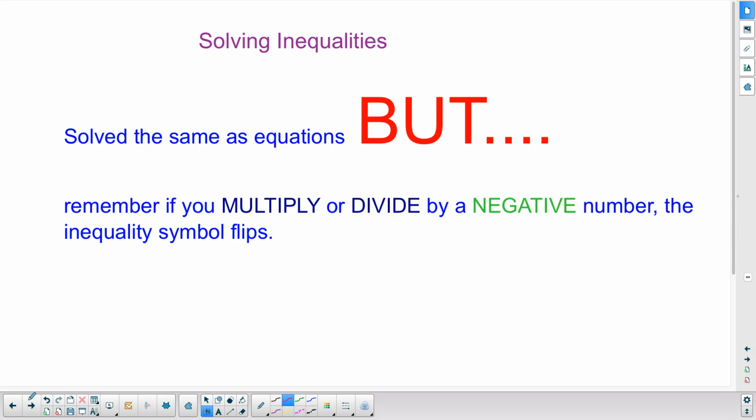Okay? So if I'm dealing with something and it's a less than problem, I multiply or divide by a negative number, now it becomes a greater than problem. The inequality has to flip.